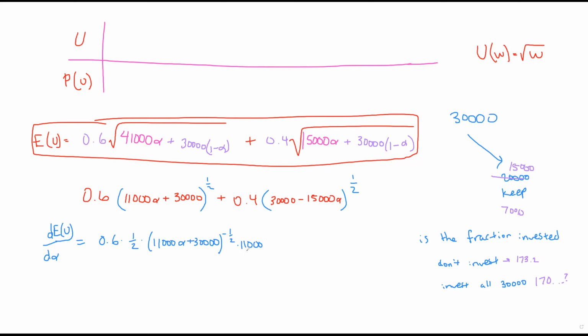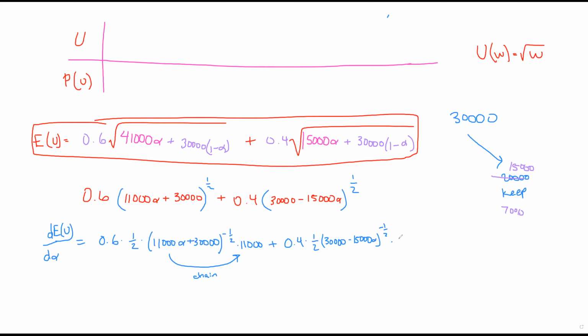That's chain rule coming into effect there. Chain rule, don't forget it, you need it. Plus 0.4 times 1/2 times 30,000 minus 15,000 alpha to the power of negative 1/2. And don't forget, chain rule comes into play here, so I need to multiply by a factor of negative 15,000. That's the coefficient of my alpha.